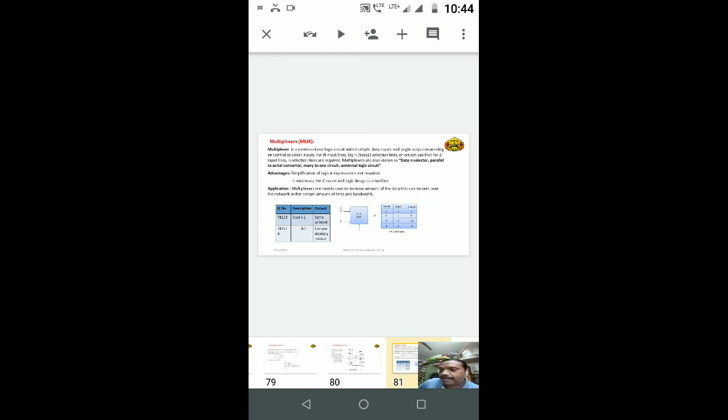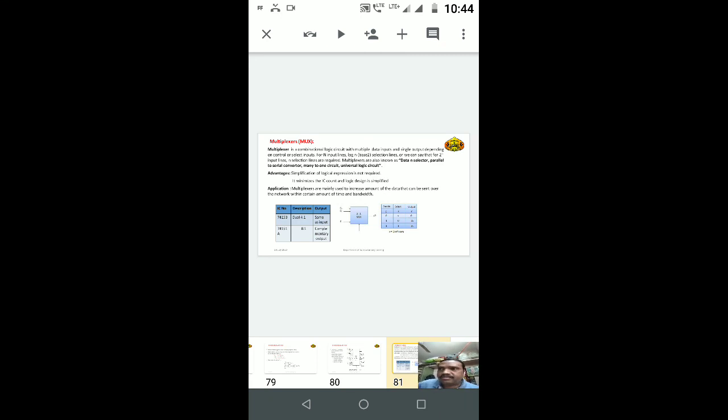Next, what is the application? Multiplexers are mainly used to increase the amount of data that can be sent over the network within a certain amount of time and bandwidth. It means the main application of this multiplexer is in the communication system. Nowadays we observe 3G communication, 4G communication.